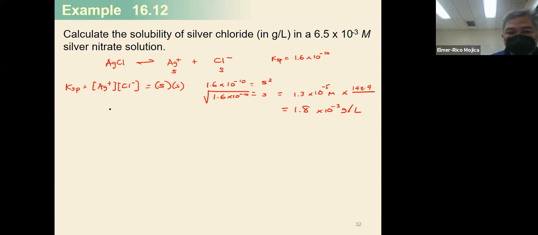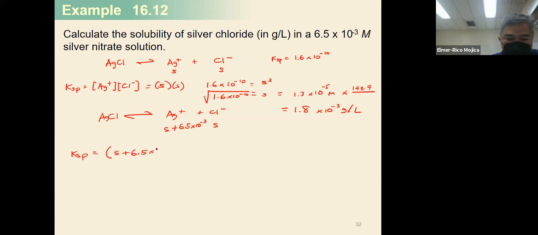So what's the difference if you have a common ion? What happens in the common ion? So this one will have 6.5 times 10 to the negative 3. And if you look at the Ksp of that, it will be (S + 6.5 times 10 to the negative 3) times S. And what can we say here?